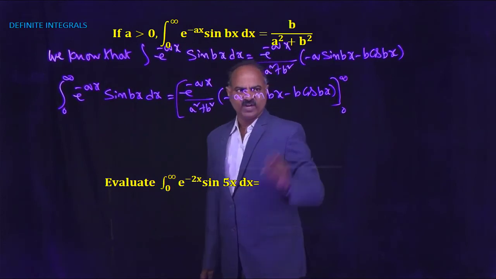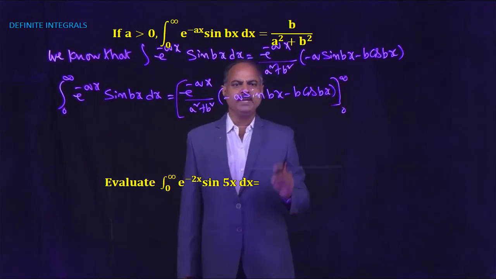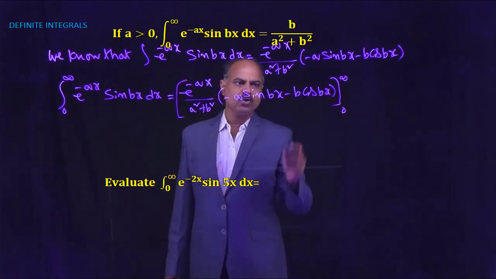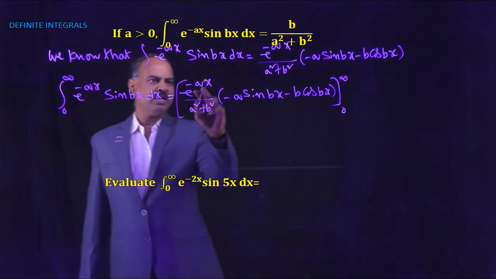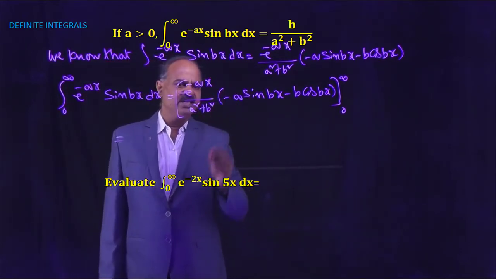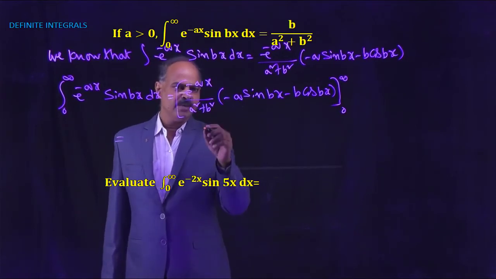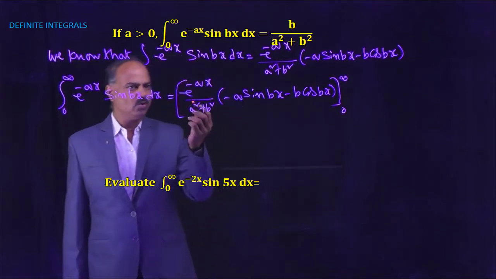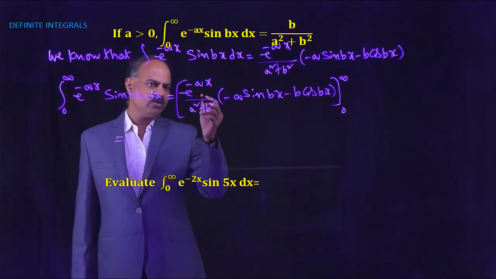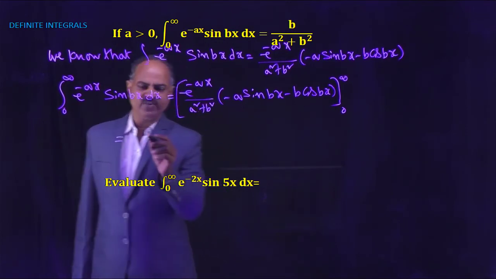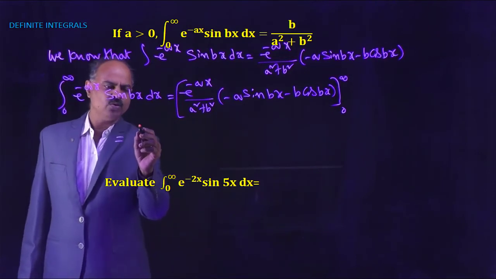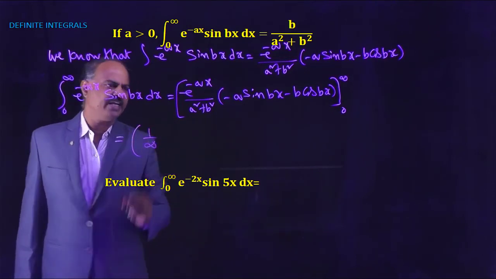infinity. First substitute the upper limit in place of x, minus the lower limit in place of x. So this equals e power minus infinity by a square plus b square. E power minus infinity equals 1 by e power infinity, and e power infinity is infinity, so that is 1 by infinity.